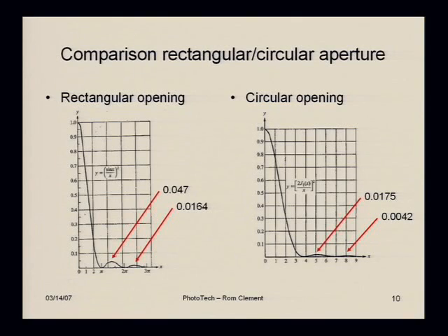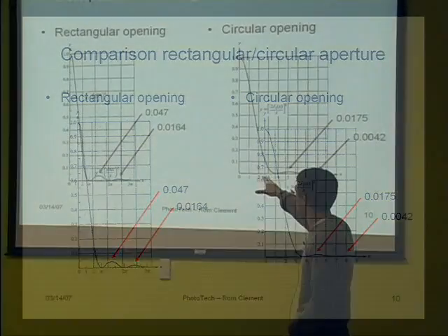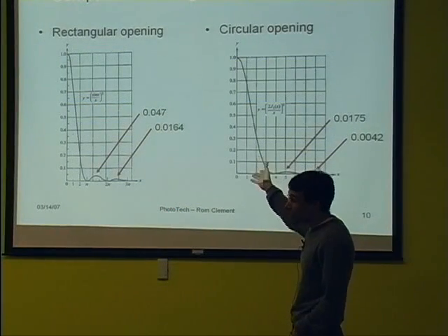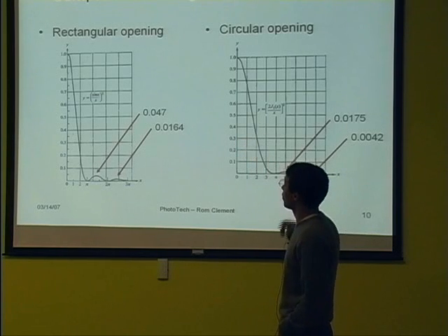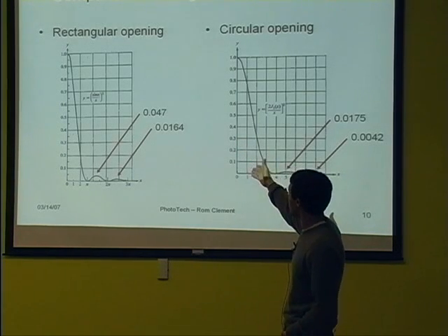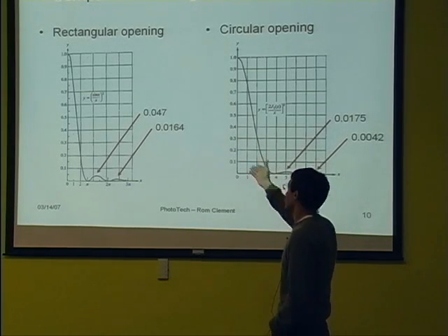It's normalized, of course, to 1 for the maximum, but the first secondary peak in the case of a rectangular aperture is less than 5% of the total, and the second one is less than 2%.